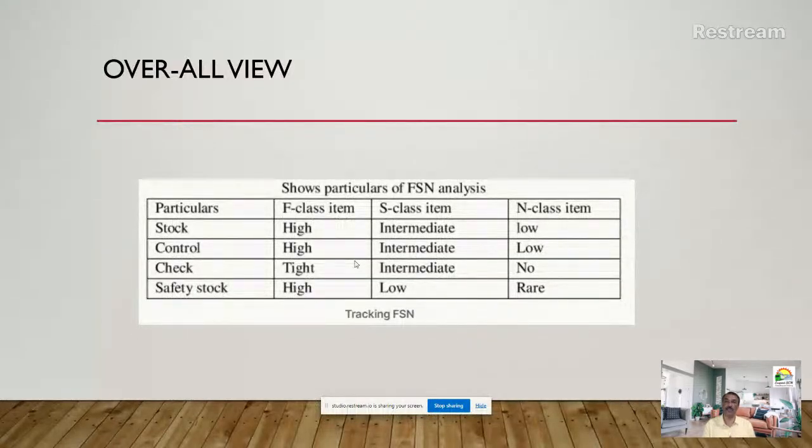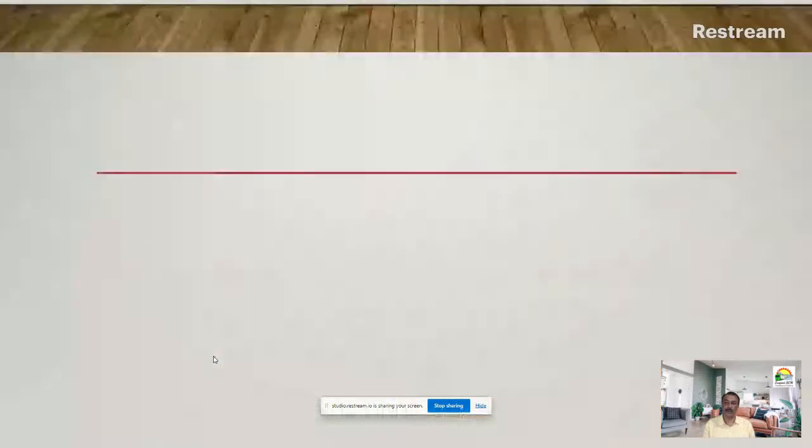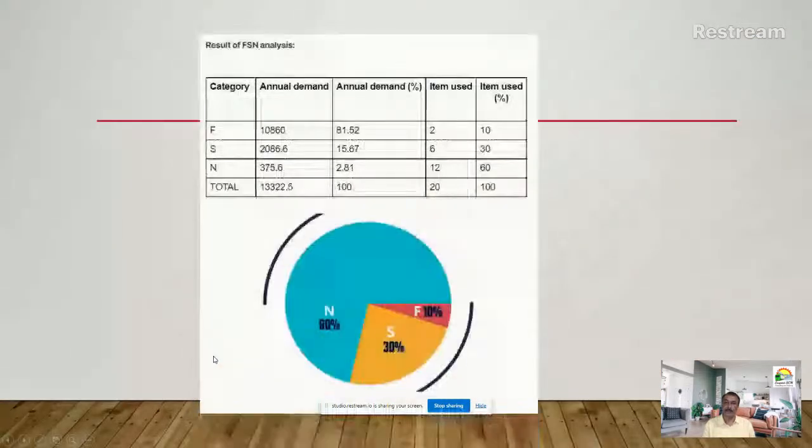We have seen fast moving and non moving at the two extremes. In the middle you can have intermediate, either slow moving or medium moving. Okay, so there is a clear distinction between ABC and FSN analysis. If you map your inventory, it may look like this.